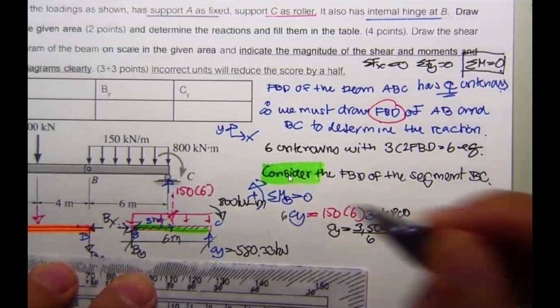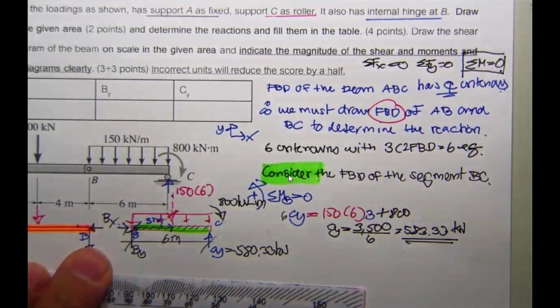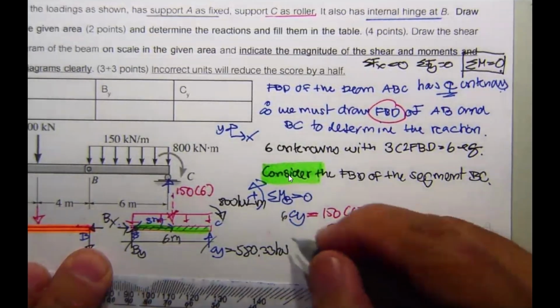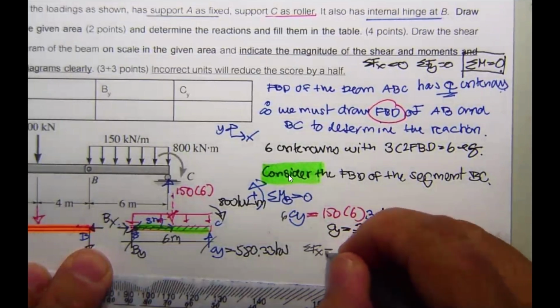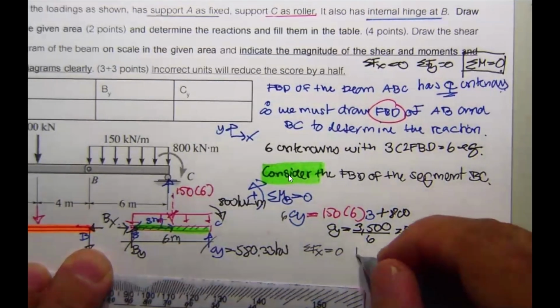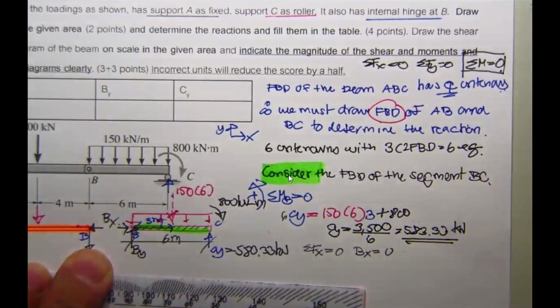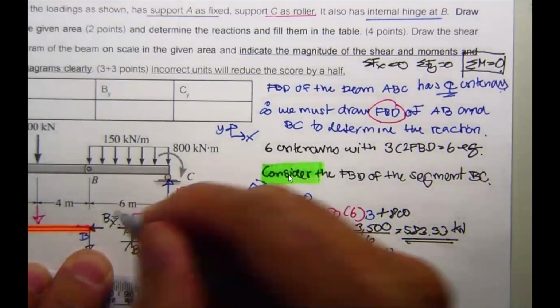Okay, you have this one equal to 583.33 kilonewton. Then summation of F sub x equal to 0, so B sub x is 0.